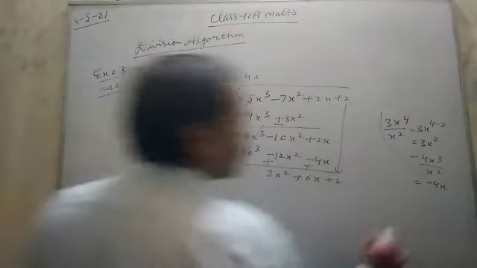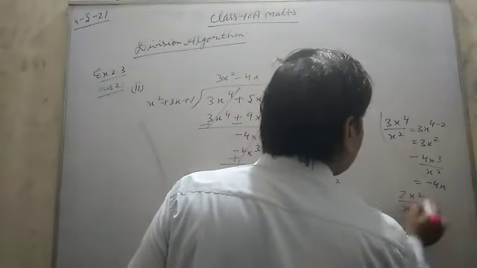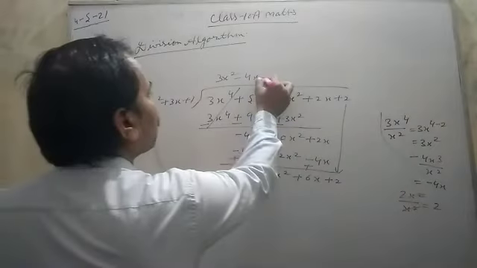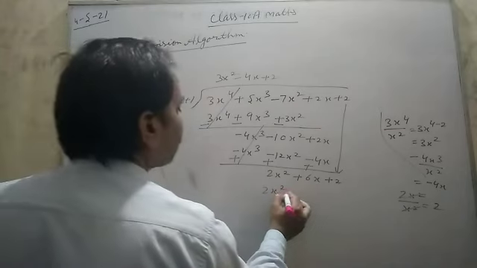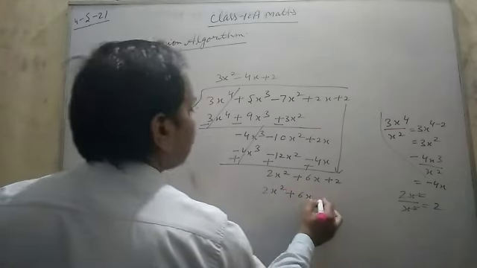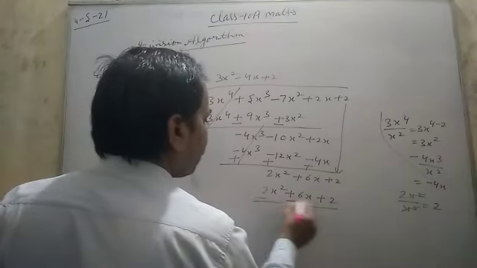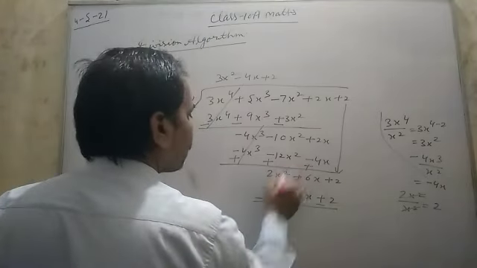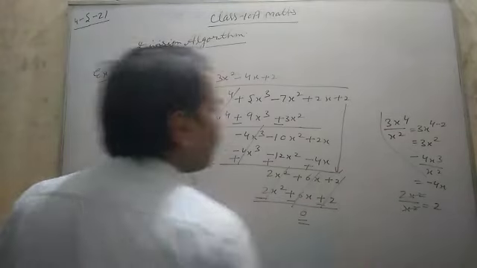Okay, so 2x square divided by x square is equal to 2. So right here 2, multiplying all terms. So 2x square plus 6x plus 2, then subtract it. So cancel, 6, this also means 0.